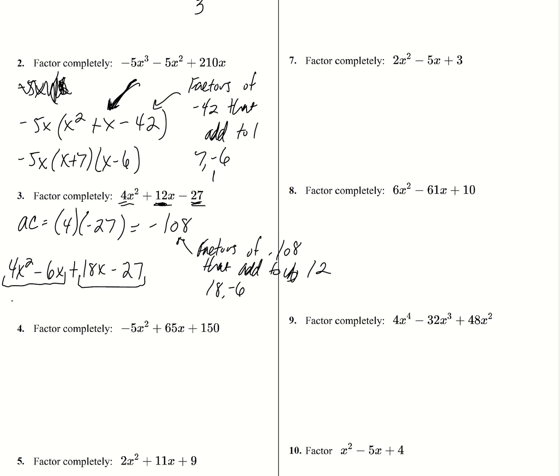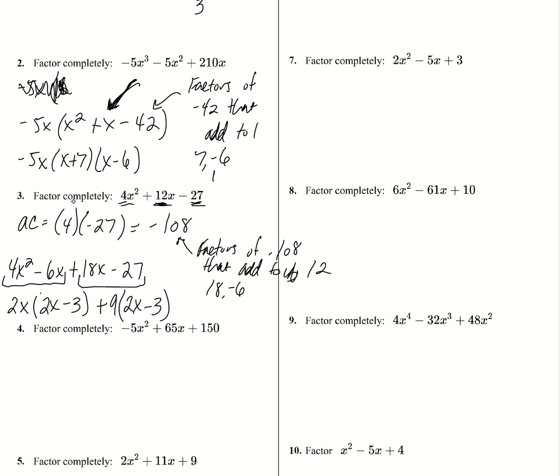In that case, it's going to be 2x, and factor that out. So I'm left here with 4x squared over 2x is 2x, negative 6x over 2x is 3. And we're going to do the same thing over here. The common factor between 18x and negative 27 is 9. And with that factored out, 18x divided by 9 is 2x. Negative 27 divided by 9 is negative 3.